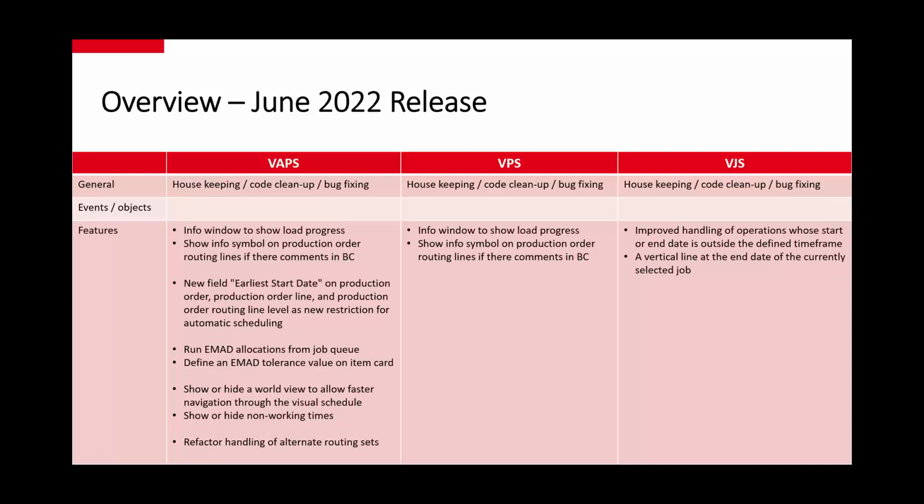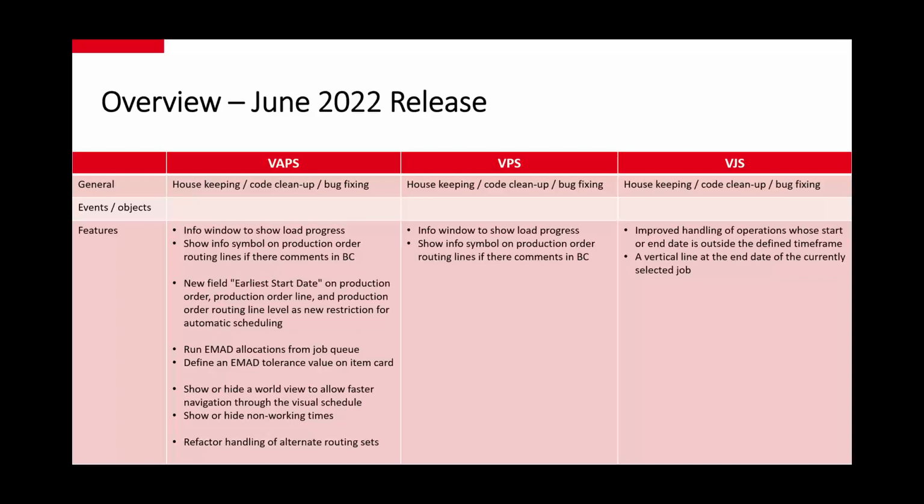In the VAPS, you can define alternate routing sets, so you can say this production line can go to this machine center and that machine center, but if it goes to the second machine center, then the machine runs 30% slower, and we would take this into account when scheduling. We had some inconsistencies there.